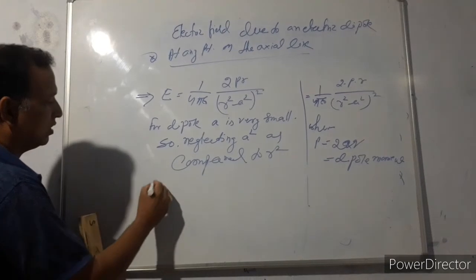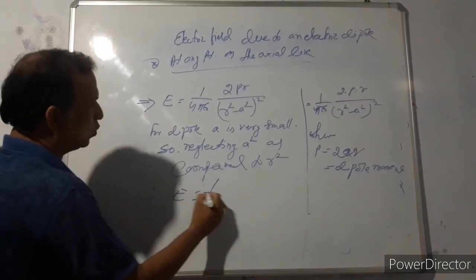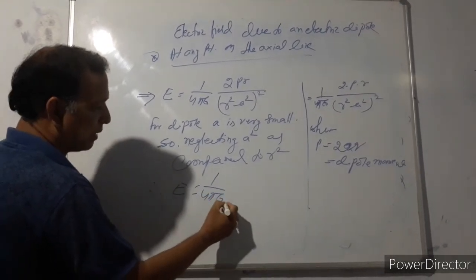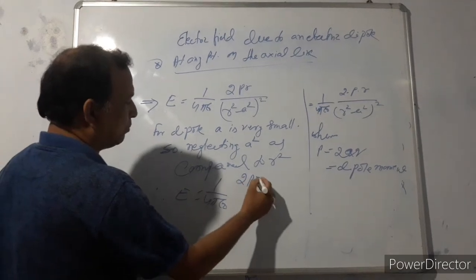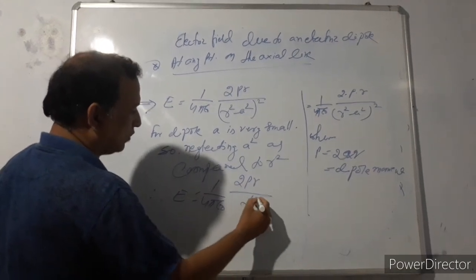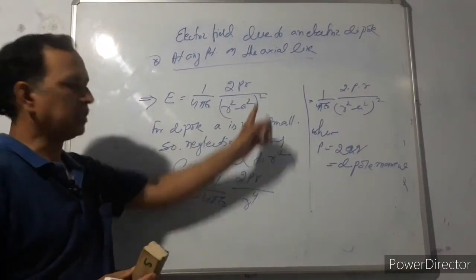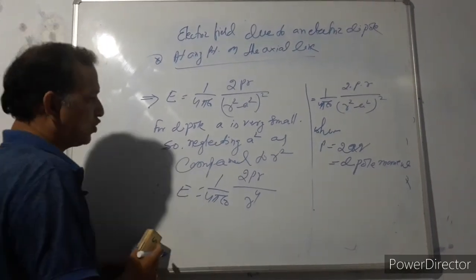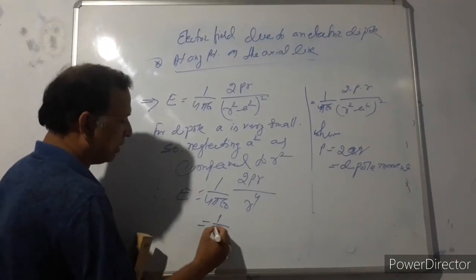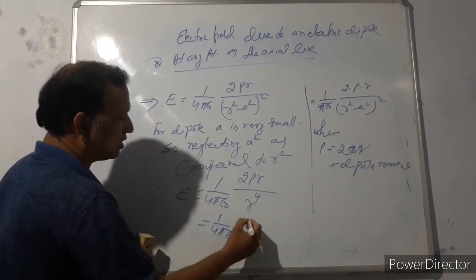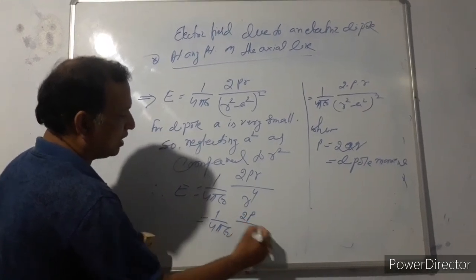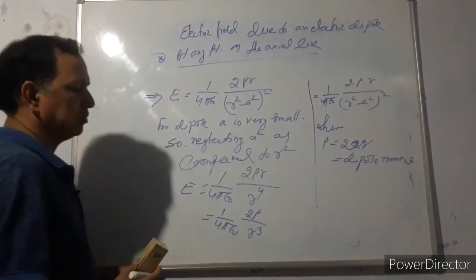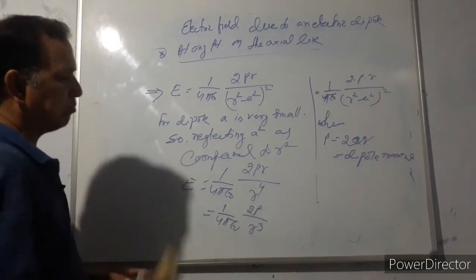So E is equal to 1 by 4 pi epsilon naught 2 p r by r to the power 4, r square whole square, that is r to the 4. So that is equal to 1 by 4 pi epsilon naught 2 p by r cube along AP produced.